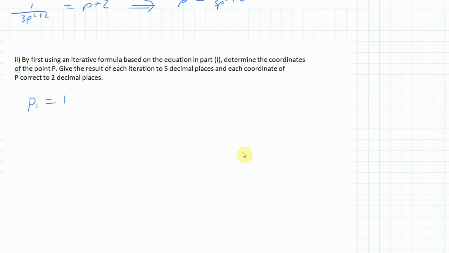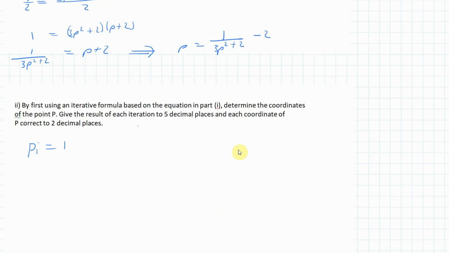And then I'm just going to go, all right then, 1 over 3p squared plus 2 minus 2. And then I'll get my iterative formula happening. So when I do this, my P2 is going to be negative 1.8. My P3 is going to be negative 1. Now I'm giving the iterations to 5 dp, so make sure you do that if you've got 5 dp.